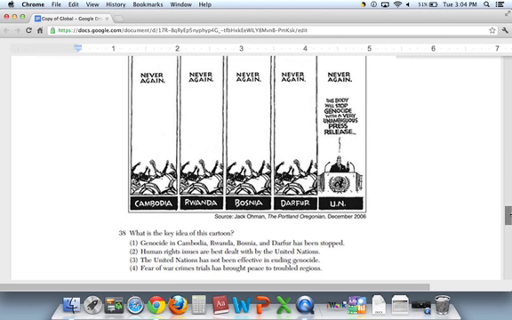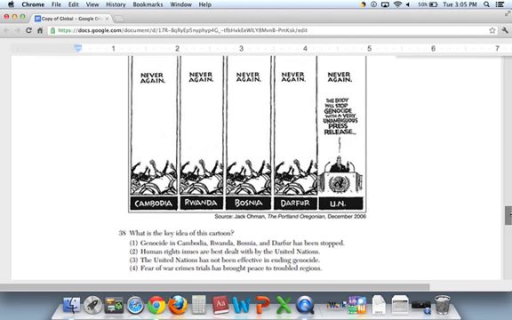Okay, so looking at the cartoon, you can right away eliminate choice 1 because none of these genocides have been stopped, and the UN has said that it'll never happen again, but yet it's still continuing. So that's obviously wrong.